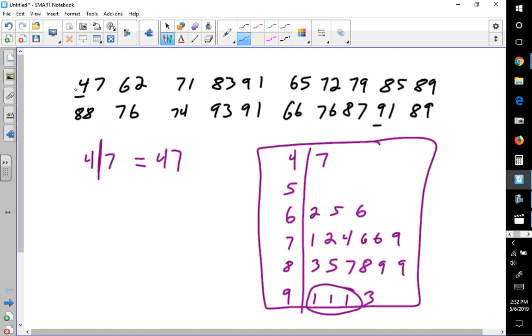It could be that all of these were decimals, and if all of these were decimal values, then instead of this standing for 47, it could have been that that stood for 0.47, where the stem was in the tenths place and the leaf was in the hundredths place.